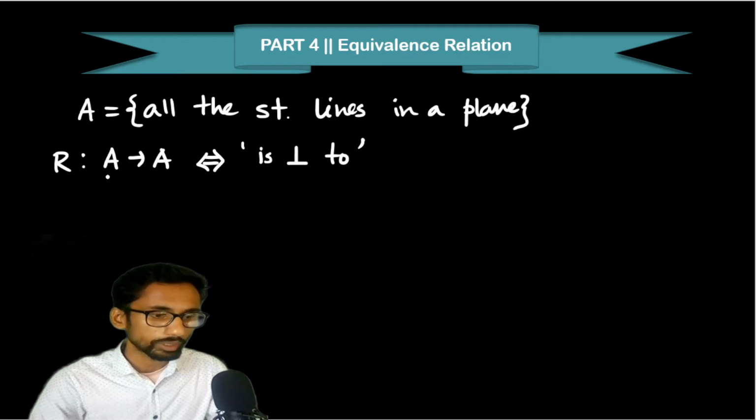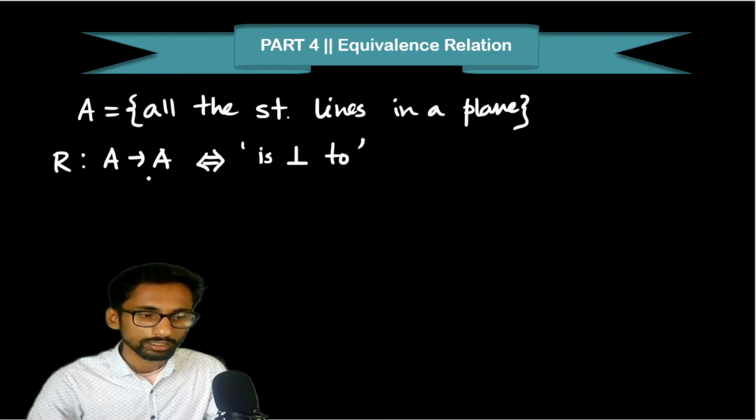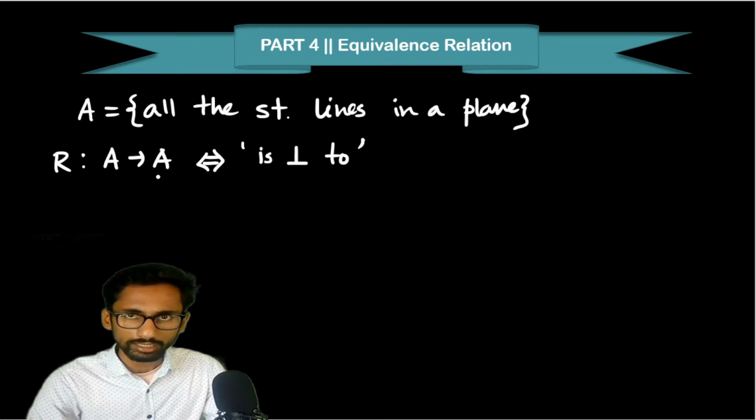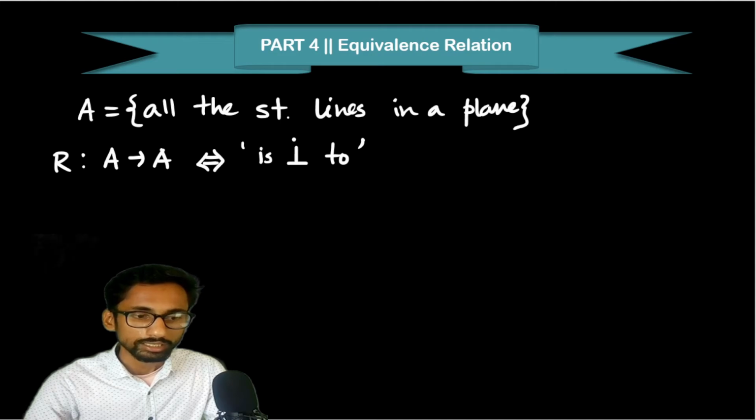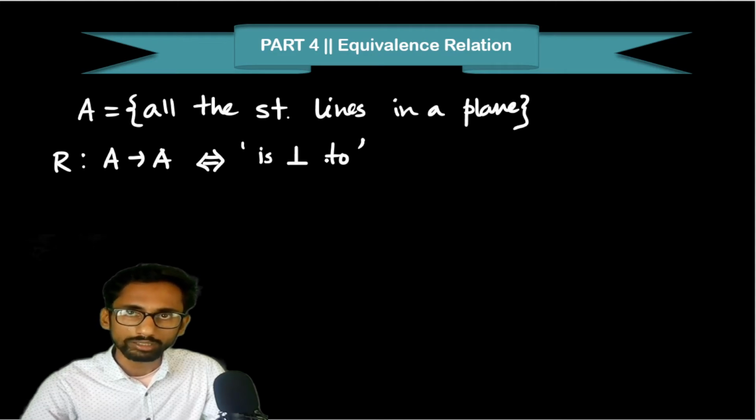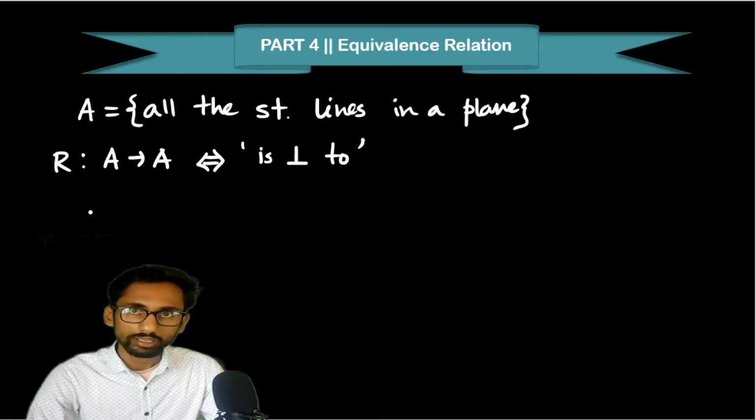And obviously the domain is set A and the codomain is also set A. So we are going to pick any two lines from this set A. Then we are going to check whether they are perpendicular. If yes, then they are going to be an element of the relation. If not, they are not going to be part of the relation. Is this relation an equivalence relation? To check that, we need to check whether it is reflexive, symmetric and transitive.